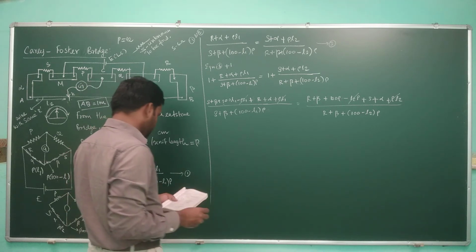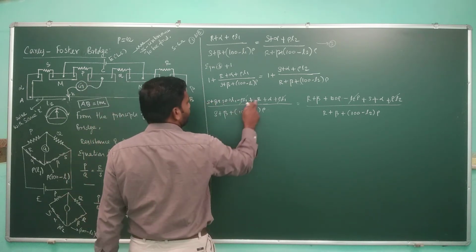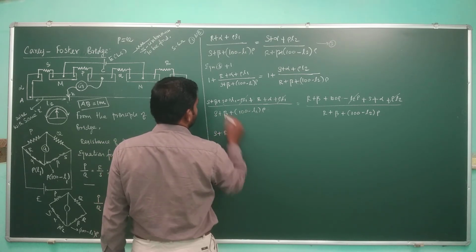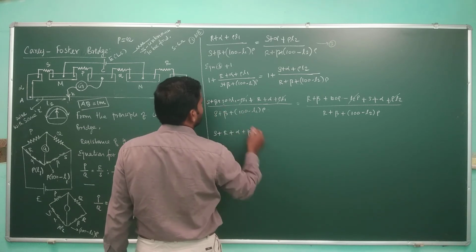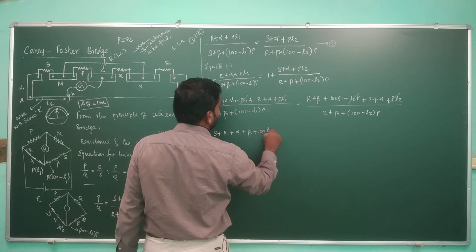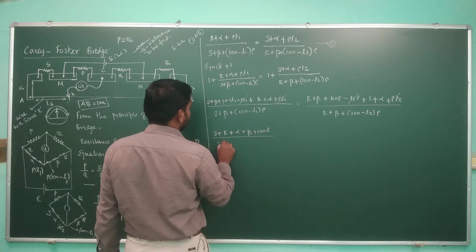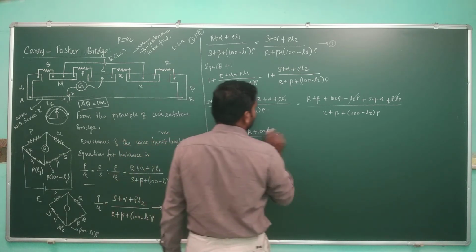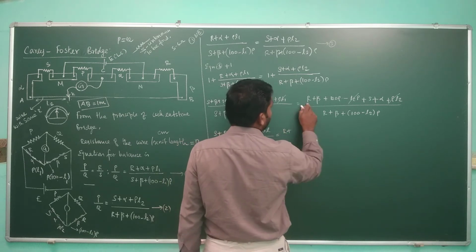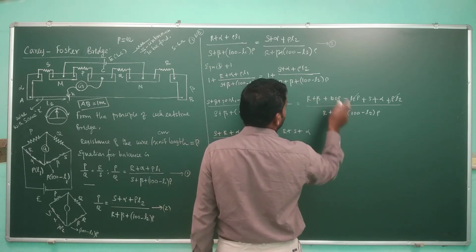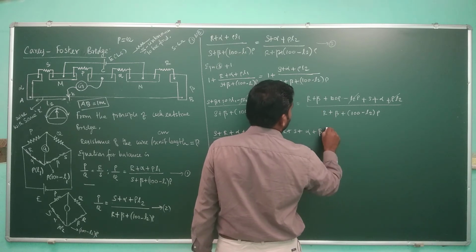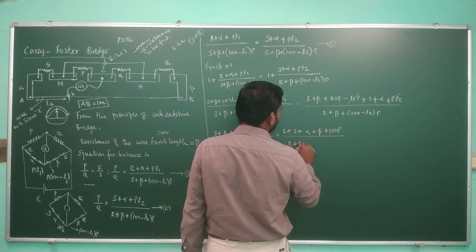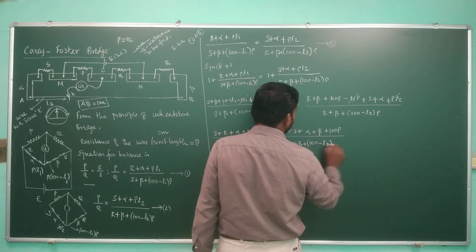So what's common? S plus R plus alpha plus beta plus 100L divided by S plus beta plus 100 minus L1 rho, which is equal to R plus S plus alpha plus beta plus 100 rho divided by R plus beta plus 100 minus L2 times rho.